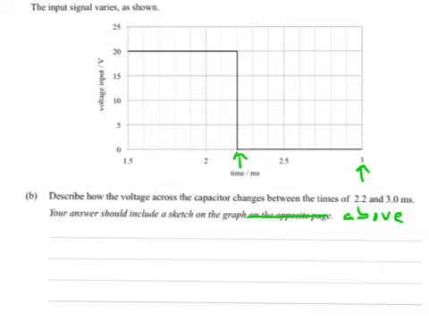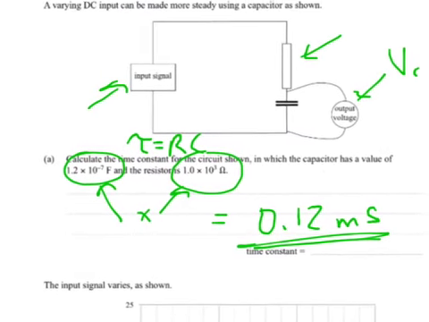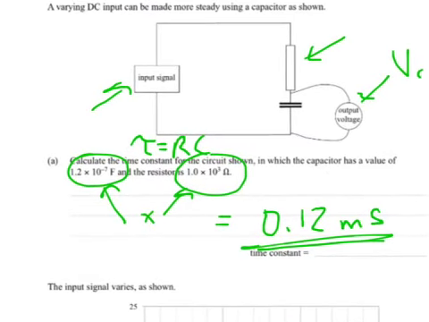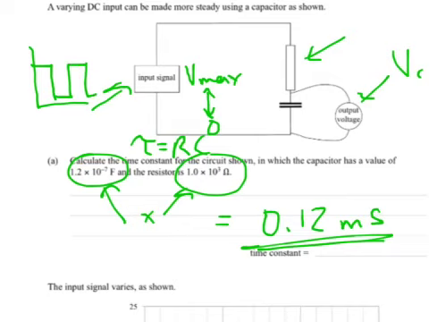So let's just go back up to the circuit. Presumably the input signal varies from a maximum to 0, and it's shifting back and forward between those two. You might like to think of it like this, and then it goes across at 0 and back up.